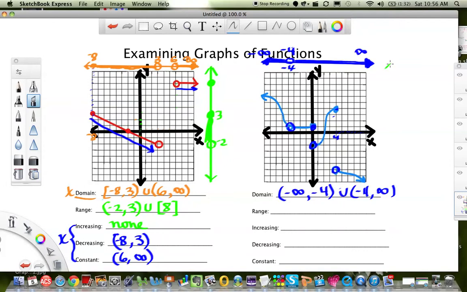So to describe my range, I notice that my smallest value, it goes into negative infinity in the y direction. Remember, range is y. And it goes to negative 6. This is negative 6.